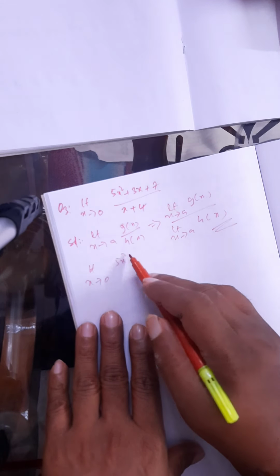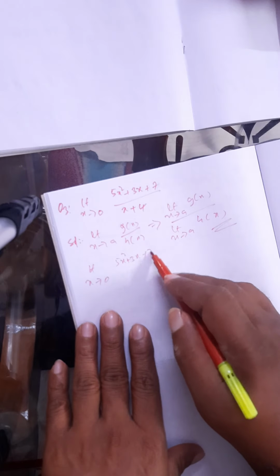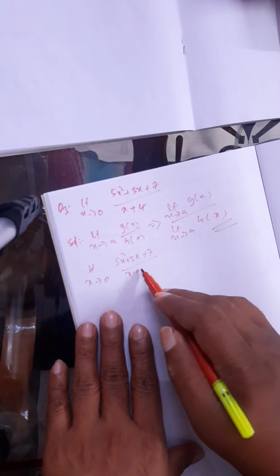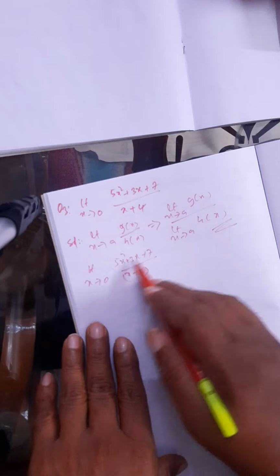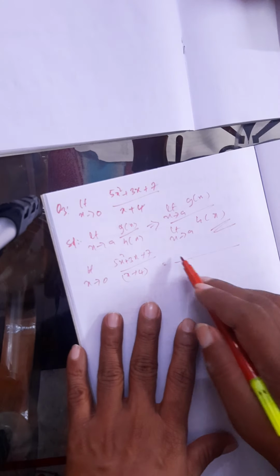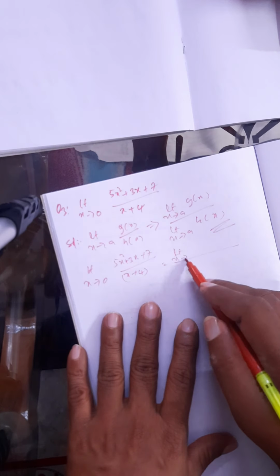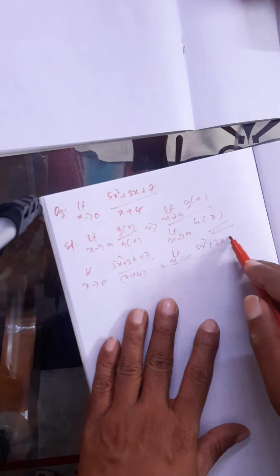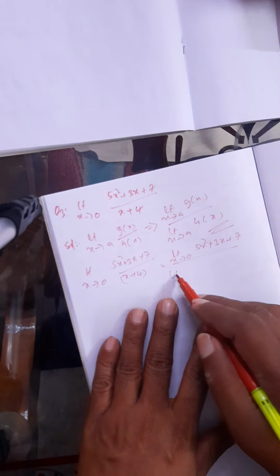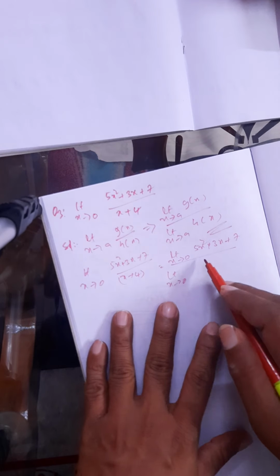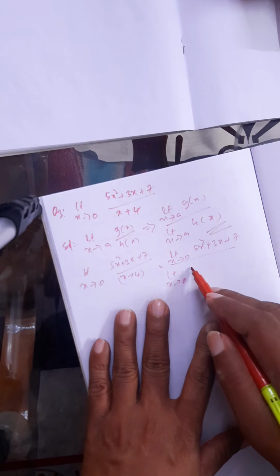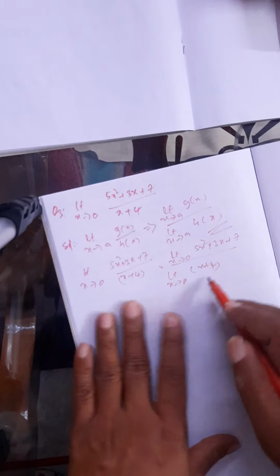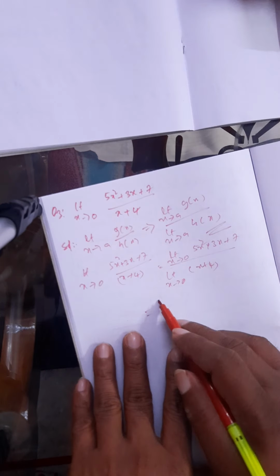So this is our function, this divided by x plus 4. Now separately we have to take a limit, limit x tends to 0. We can apply it now for the numerator as well as the denominator. Here x plus 4, so we directly apply it.